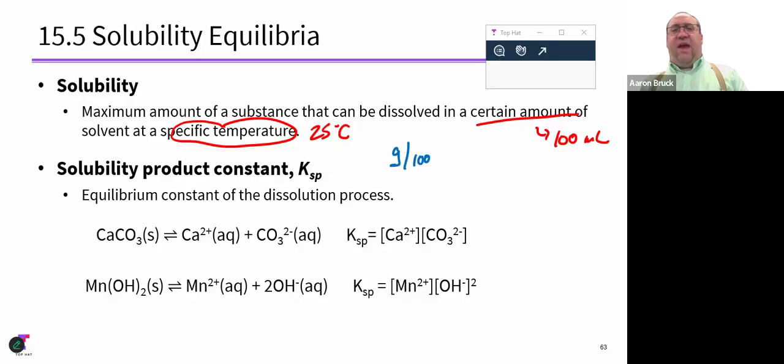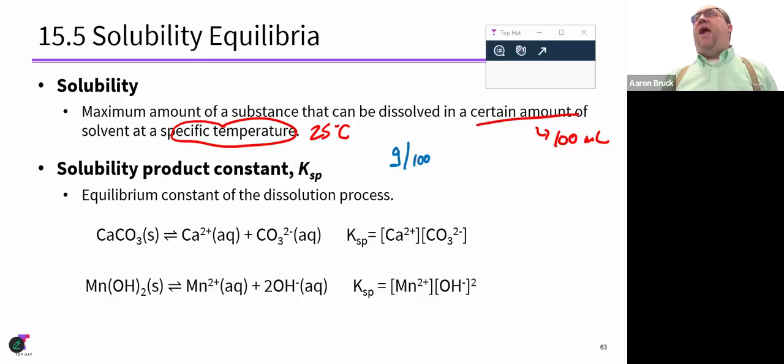Well, we can start to couch the whole idea of solubility inside of the process of equilibrium. And what we have to understand is that from a standpoint of solubility, every single substance has a point where it reaches equilibrium. And we can quantify what that equilibrium is using something called the solubility product constant.